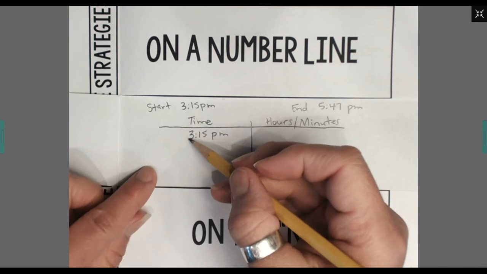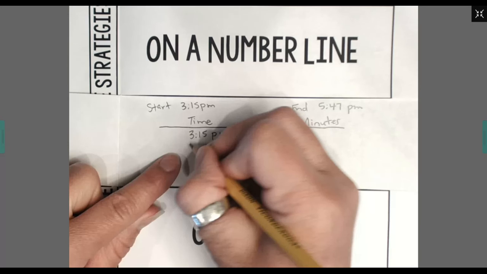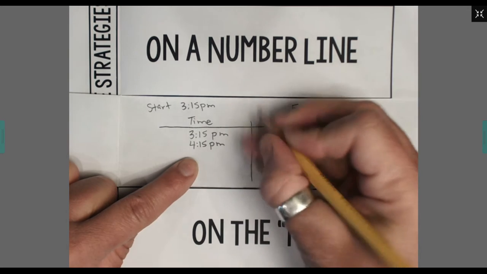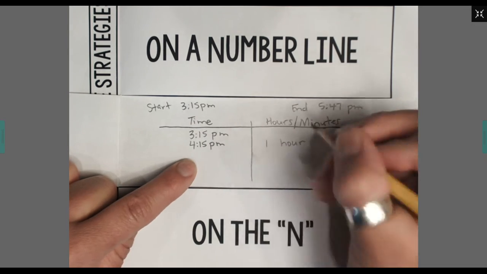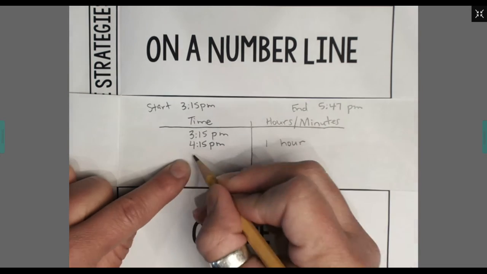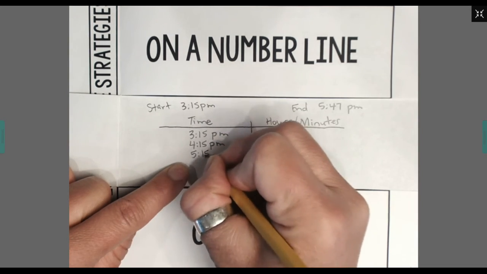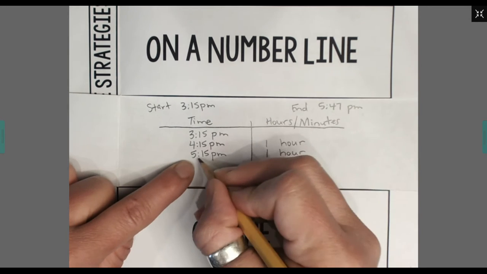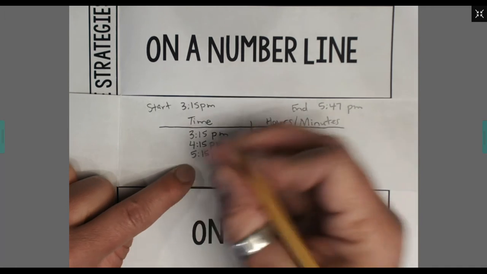So going by hours. So 4:15, how much time elapses? 1 hour. And we're trying to get to 5:47. So 5:15, 1 more hour. We go from 5:15 to 5:45.